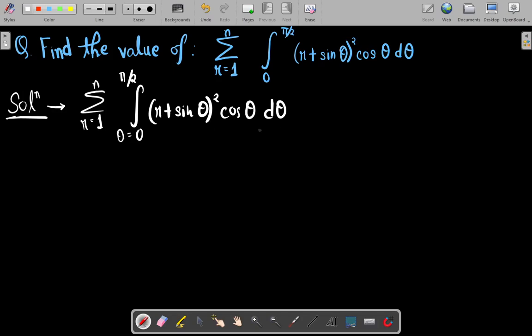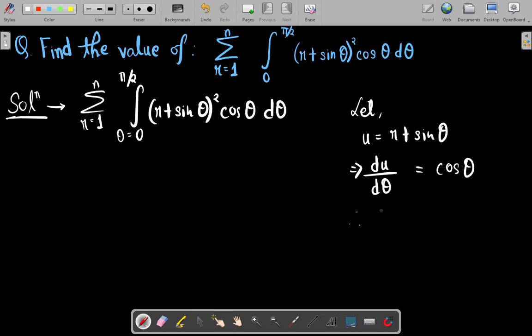Let u be r plus sine theta. Then du d theta, since r is a constant, will become cos theta. On applying the chain rule of derivatives, du will be equal to cos theta d theta. This is not directly cross multiplication, this is from the chain rule.